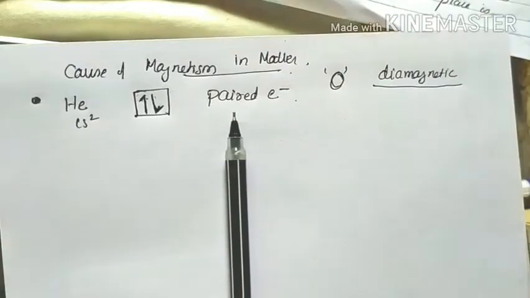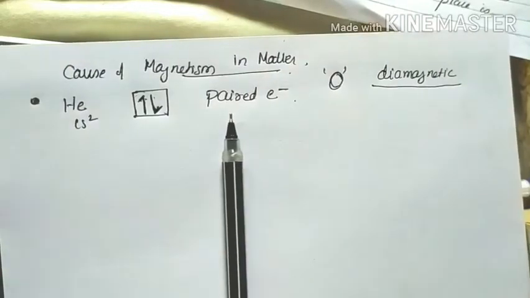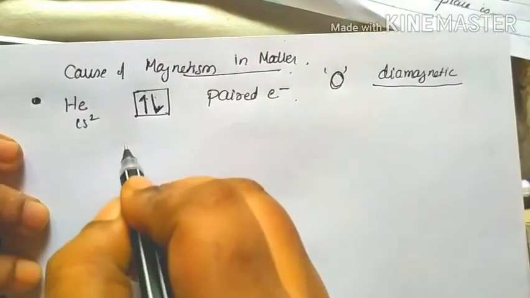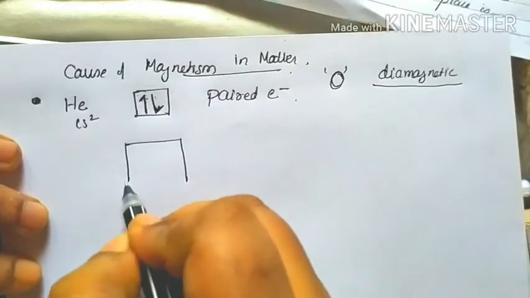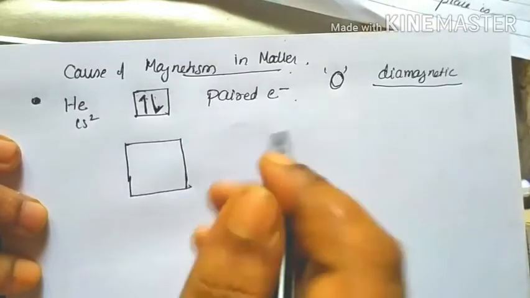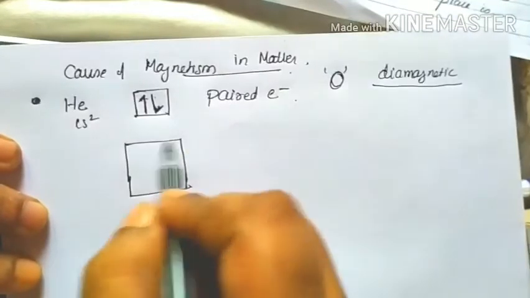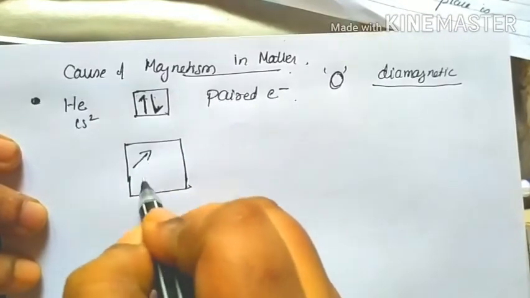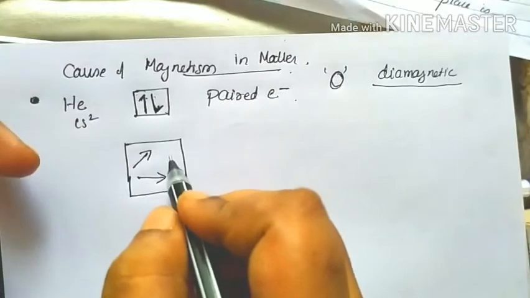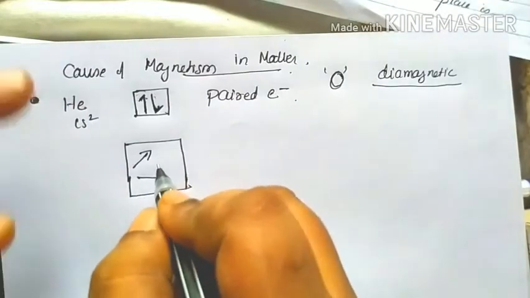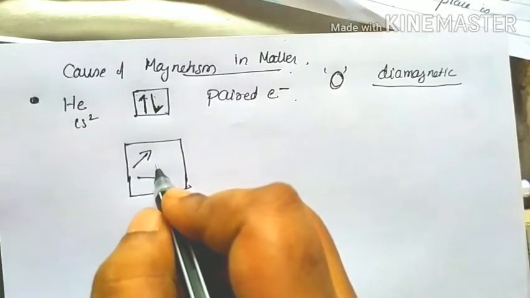In para or ferro, the atomic dipoles are randomly aligned. Suppose I consider this is either a ferro or a para, guys. I am not explicitly telling this is para and this is dia. So this is a model. There are lots of electrons, lots of atoms, and each atom will have its own distinctive dipole moment.